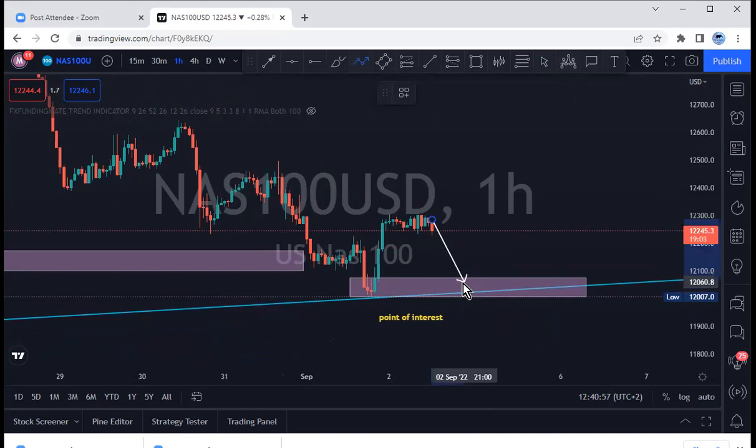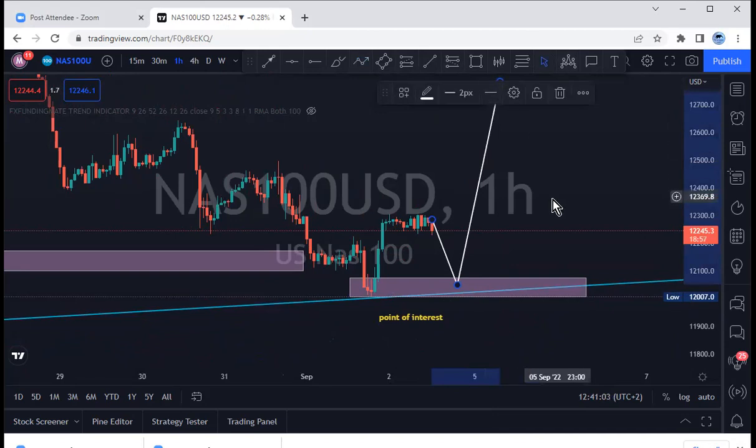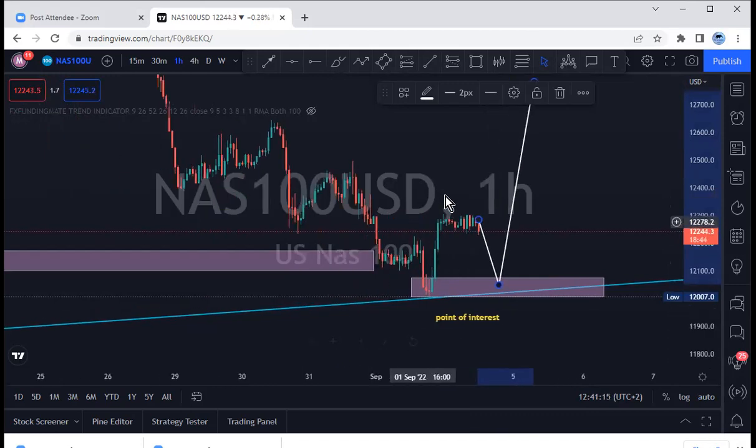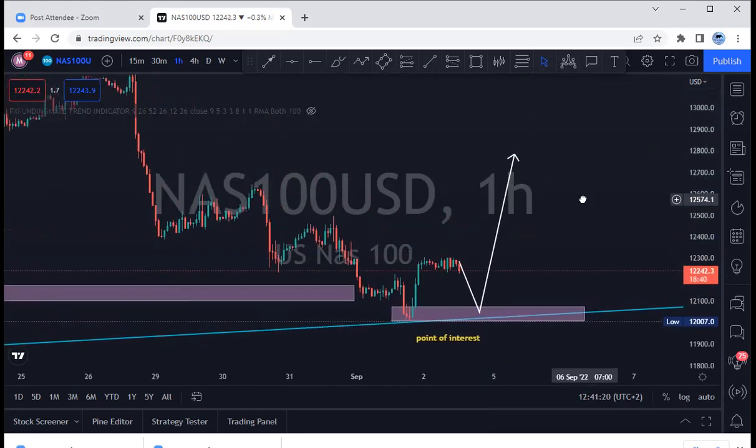We are looking forward to see the market come back here and continue to the upside. It will be testing this order block here. Remember, this is our hourly chart. So this is our first scenario.